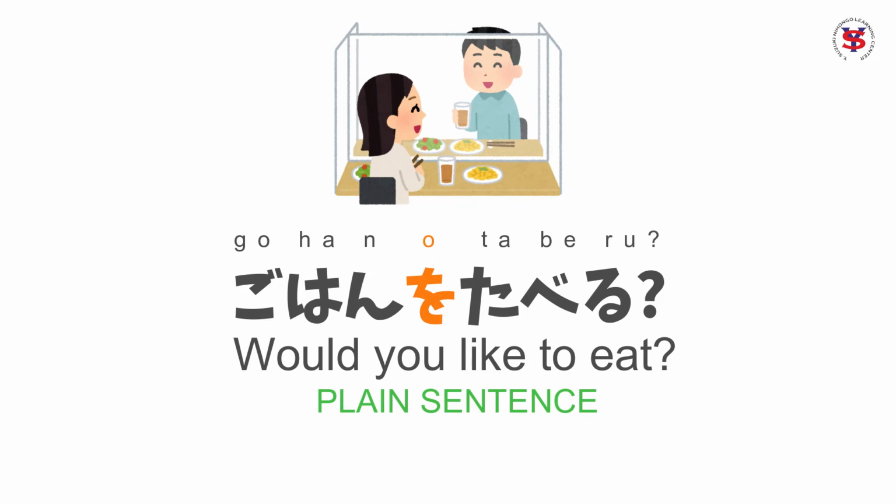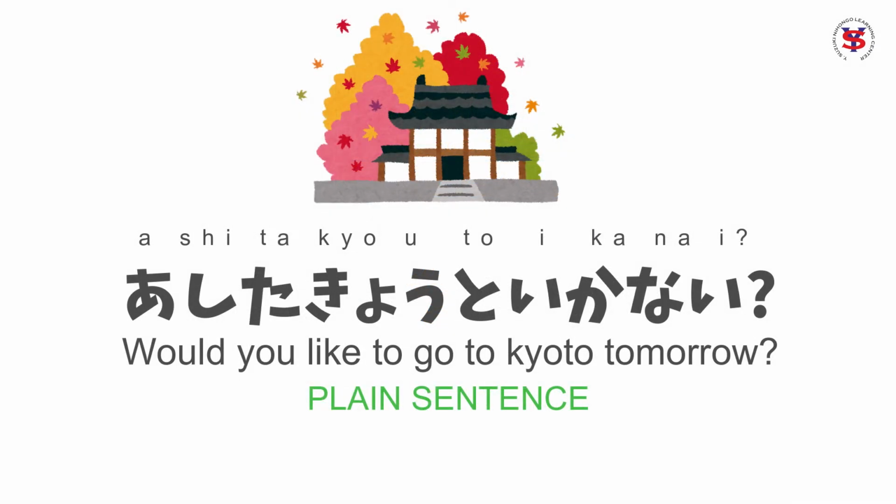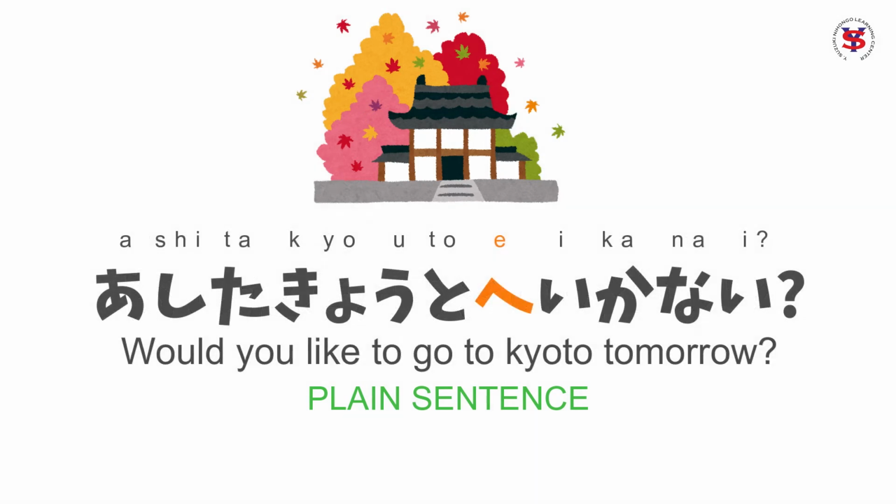Let's take a look at another example. So, let's say, right? 明日、京都行かない? So, that's Japanese for, would you like to go to Kyoto tomorrow? Again, normally we would say, 明日、京都へ行かない? But in this case, hindi na natin sasabihin ang e.